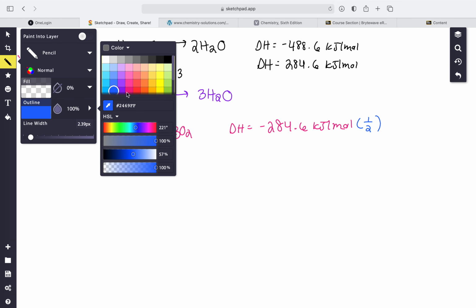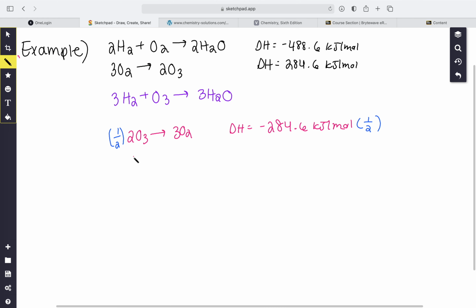So our finishing equation here will be 1O3. You don't need to put the 1, but I'm going to put it there just so that I know that's just 1. And then it's going to be 3/2 O2. And then the enthalpy, I'm going to need a calculator for that. We have 84.6 divided by 2.